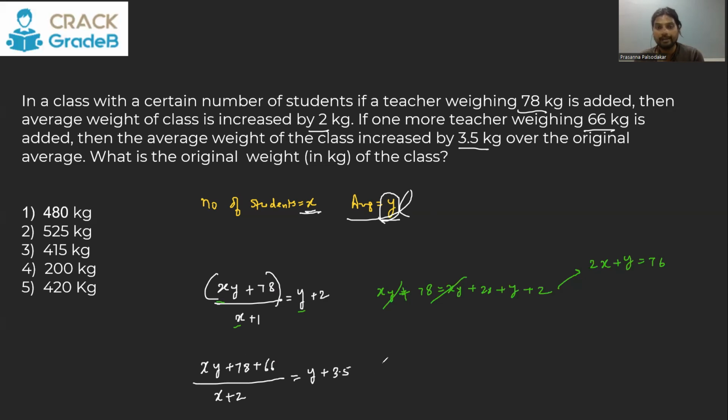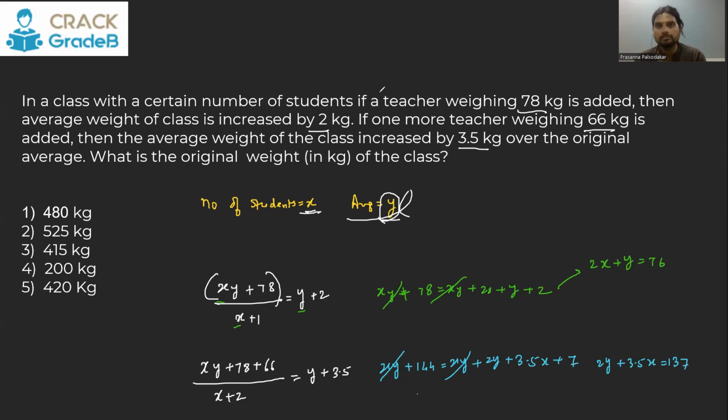And then you can solve XY plus 144 should be equal to XY plus 2Y plus 3.5X plus 7. XY gets cancelled. That gets us the equation 2Y plus 3.5X is equal to 137.